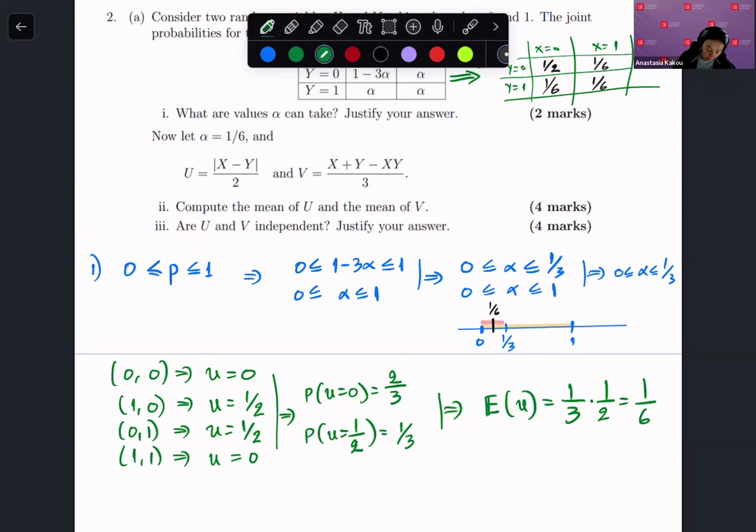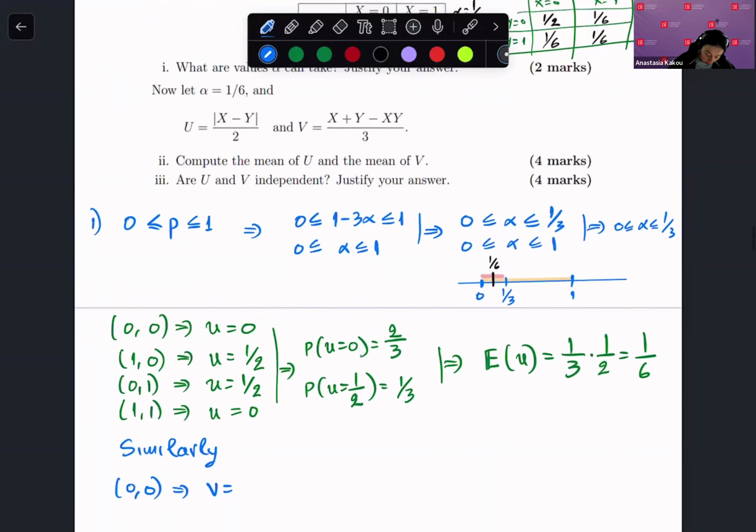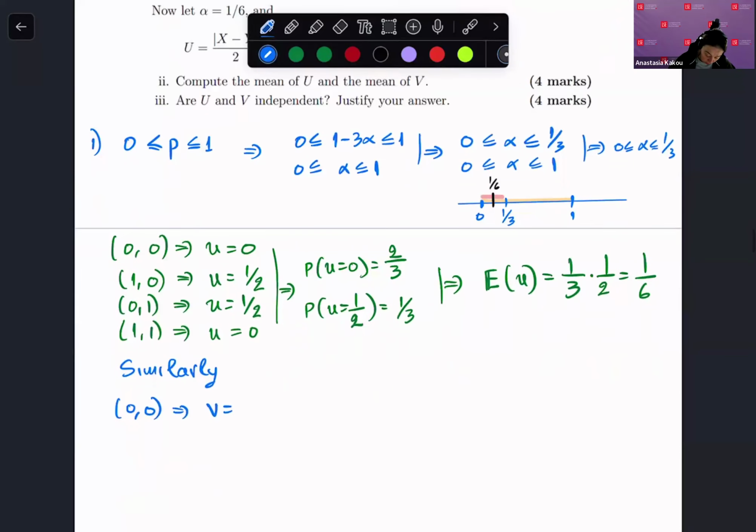Okay, so similarly, you have all the pairs of x and y's. So for x and y 0, 0, you have v equals 0.